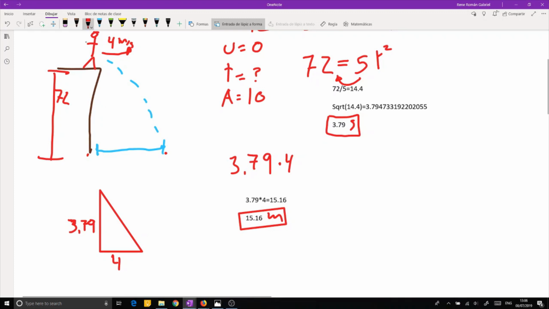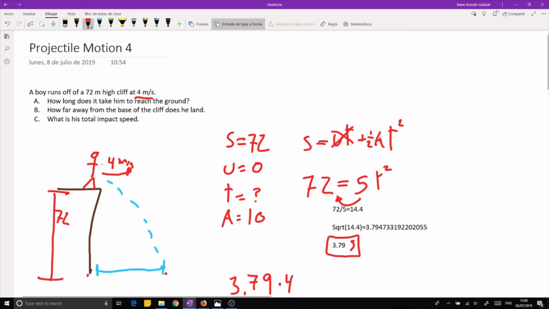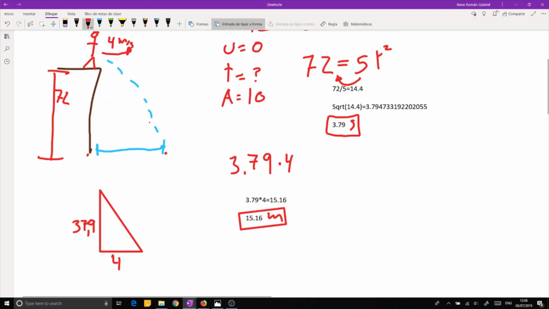Oh no, wait, it's 37.9. You might say it's not that. It's actually negative 37.9 because it's going downwards. But they ask us for speed, and in speed there's no positive or negative. In velocity there is, but in speed there isn't. So it doesn't have to be negative, and our answer, even though he's going down, will be positive.